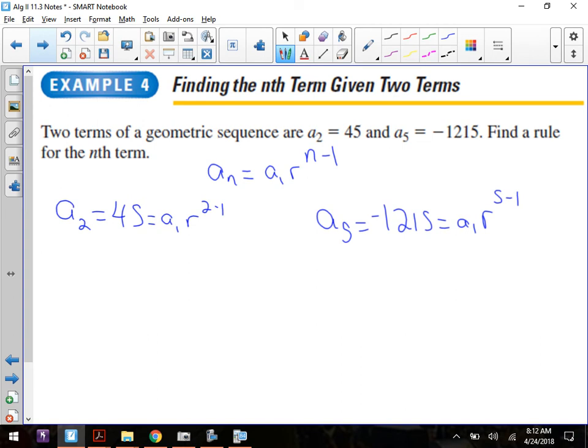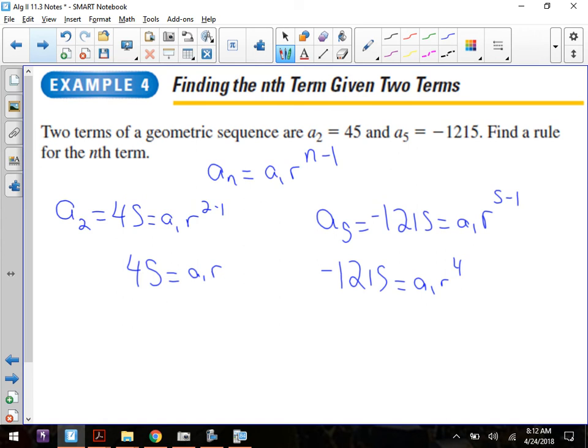What this is going to allow me to do is this. I know then that 45 is the first term times the rate. I also know then that negative 1215 is the first term times r to the 4th.